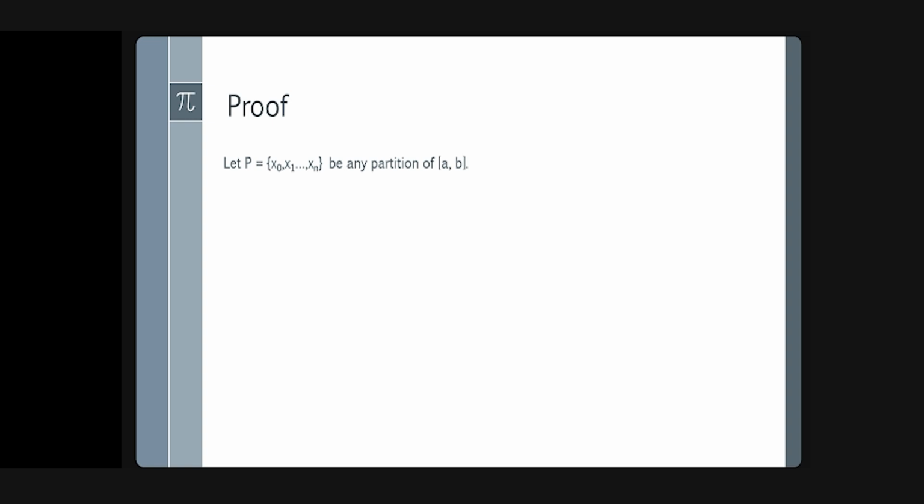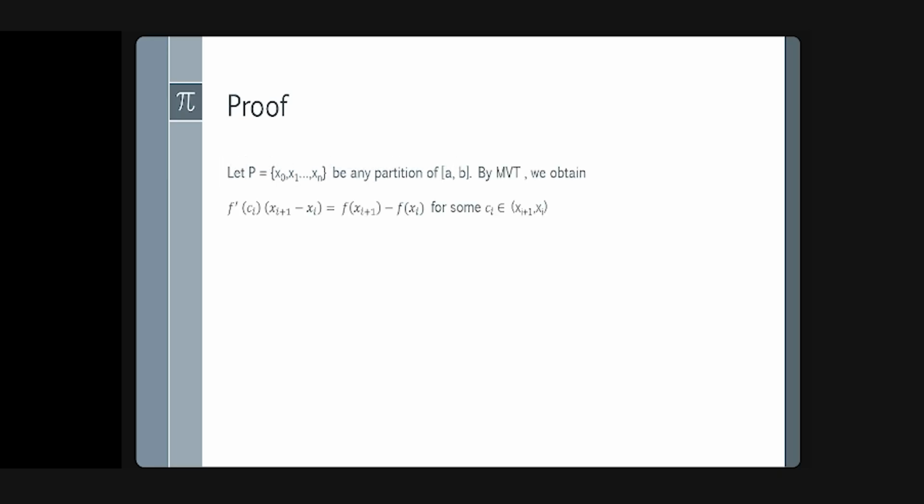We have taken an arbitrary partition P on [a, b]. Then directly by the mean value theorem, f dash (c_i) times (x_{i+1} minus x_i) will be equal to f(x_{i+1}) minus f(x_i), for some c_i. This will happen for every subinterval.